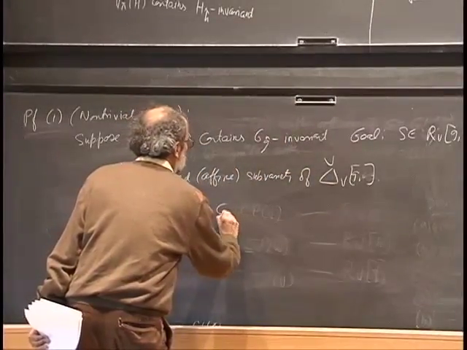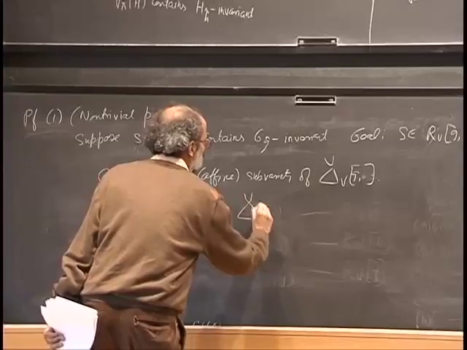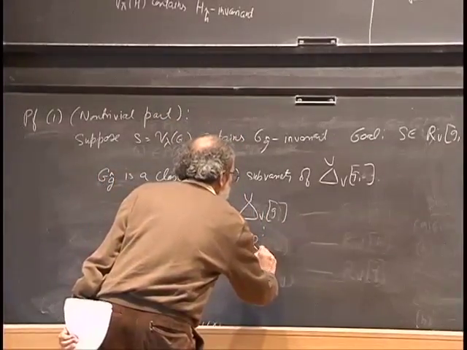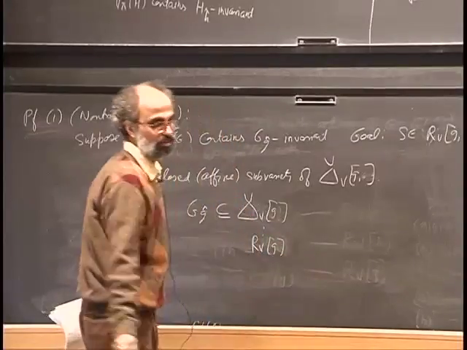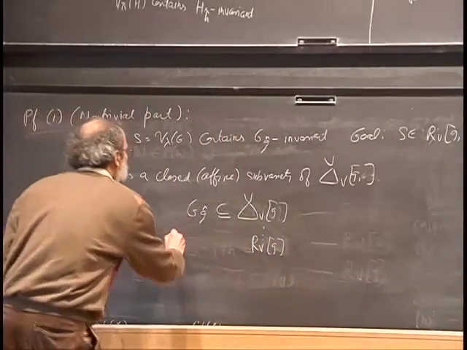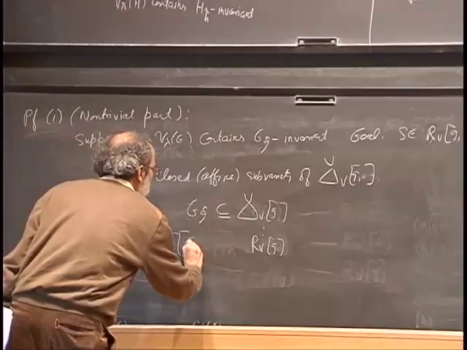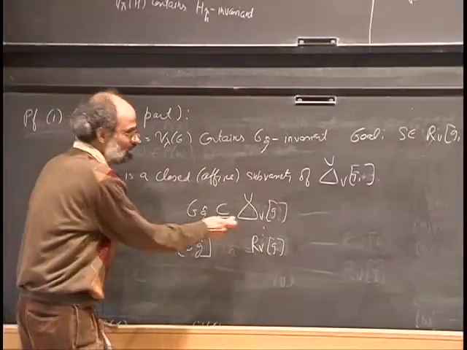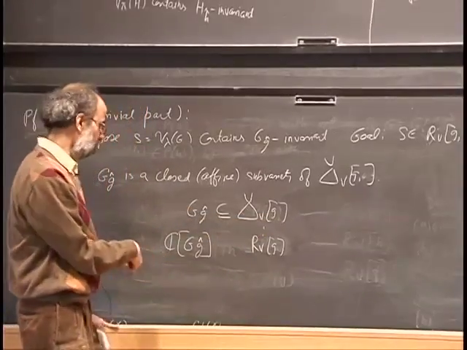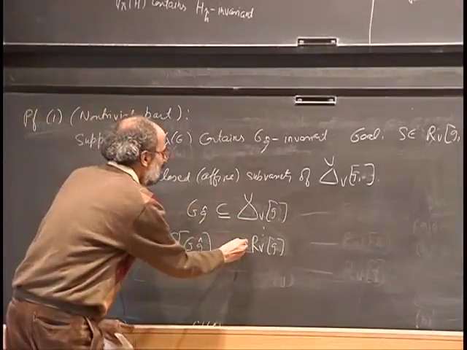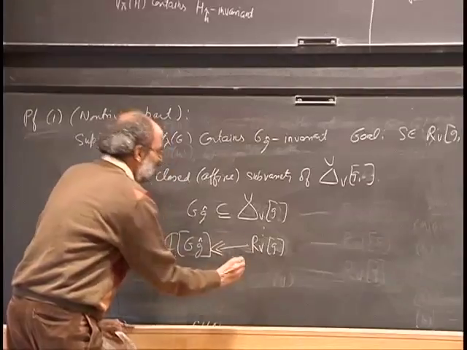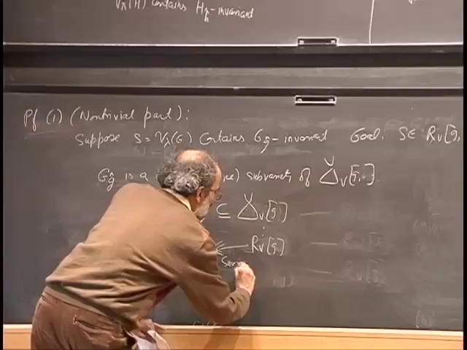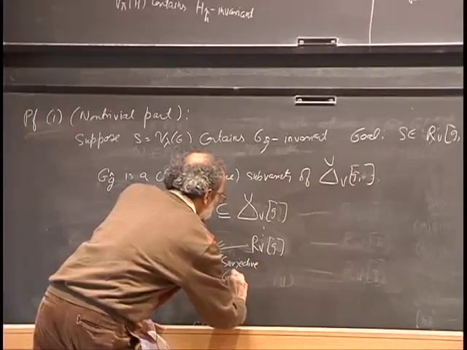Now R V G is the coordinate ring of this, and let us denote the coordinate ring of this as this. Then because this is a closed G subvariety of this, by basic algebraic geometry we will have a surjective G homomorphism.